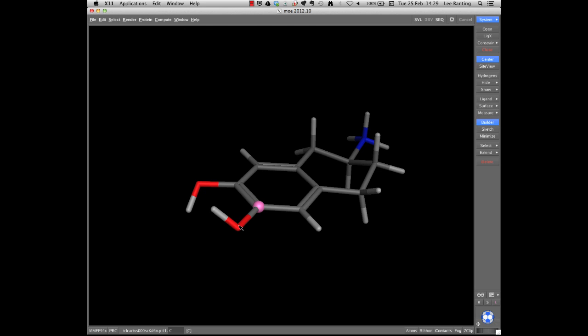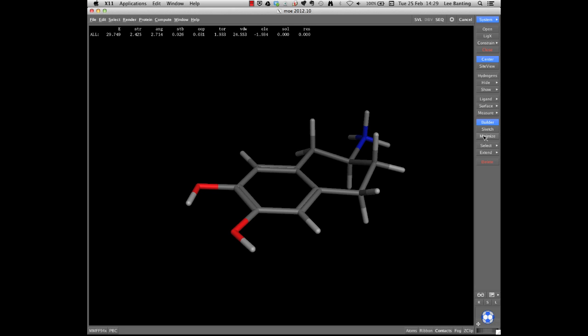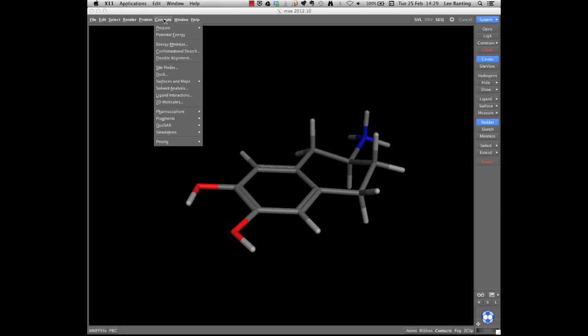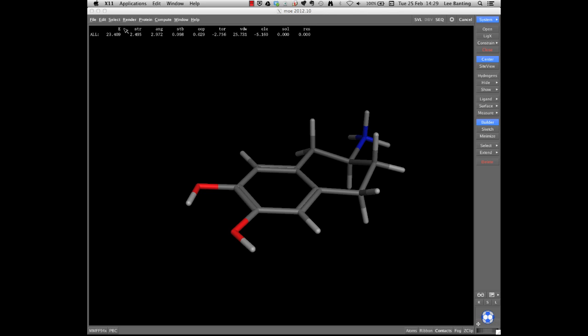What I can also do is illustrate that dihedral angles will cause the energy to change. You can see that it changed from the previous value to a higher value. I can minimize that structure. It's a different conformation that we're evaluating, and you can see that the energy's changed again.